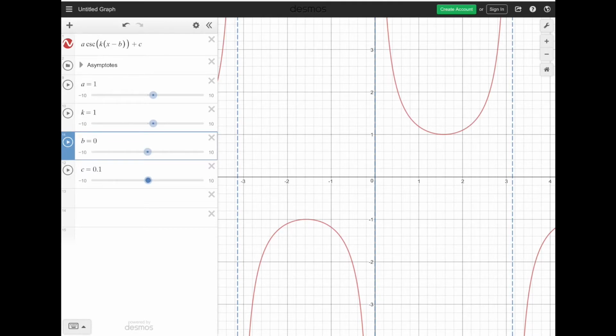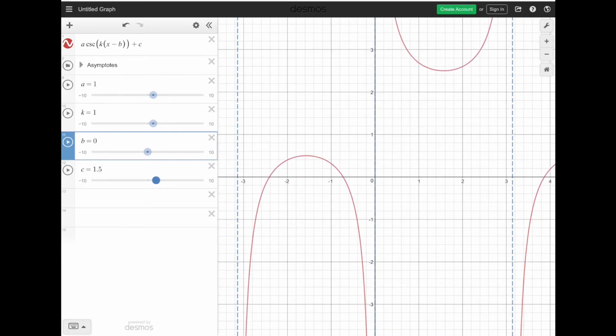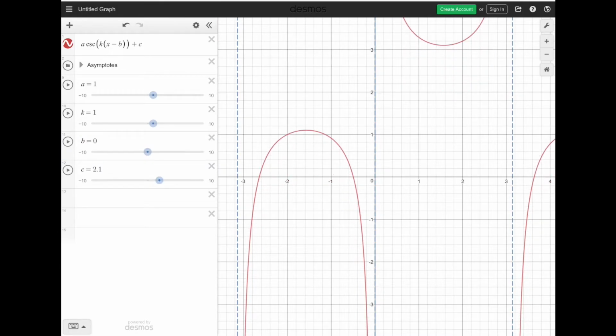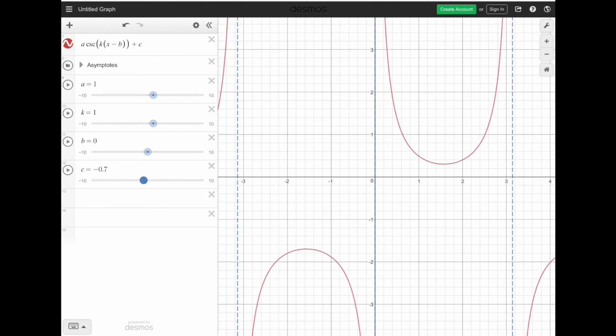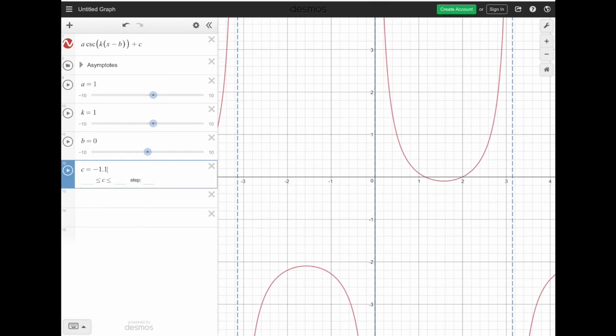So you can see if I increase C, the whole graph increases upwards, but we've still got this difference of 2 units between the top of the downwards opening U on the left and the bottom of the upwards opening U on the right. So it all kind of shifts up and down together.